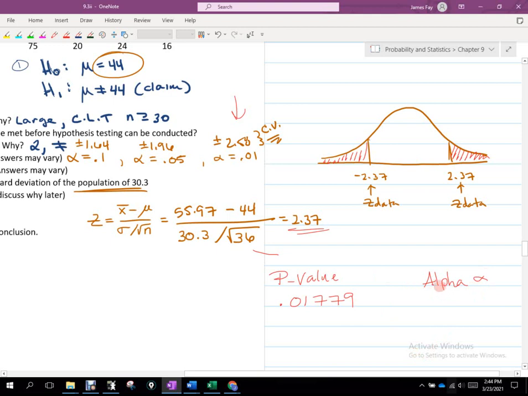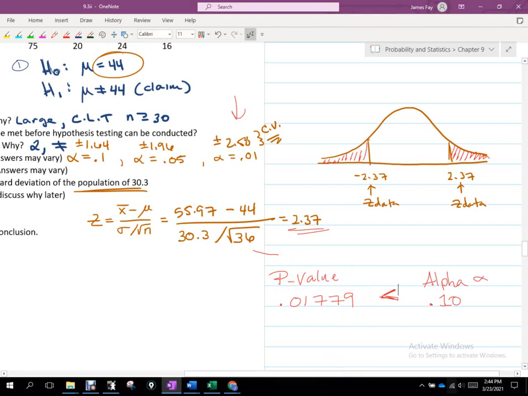Okay. If alpha is 10%, is your p-value less or more than 10%? This is less, right? Okay. So at a 10%, you would fail to reject. Does that make sense?